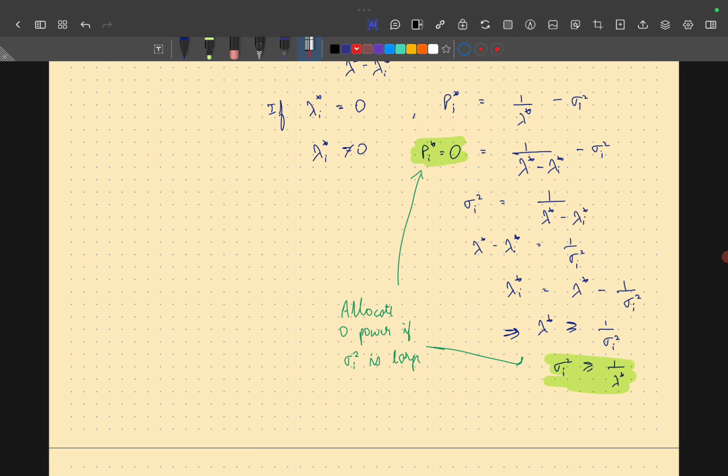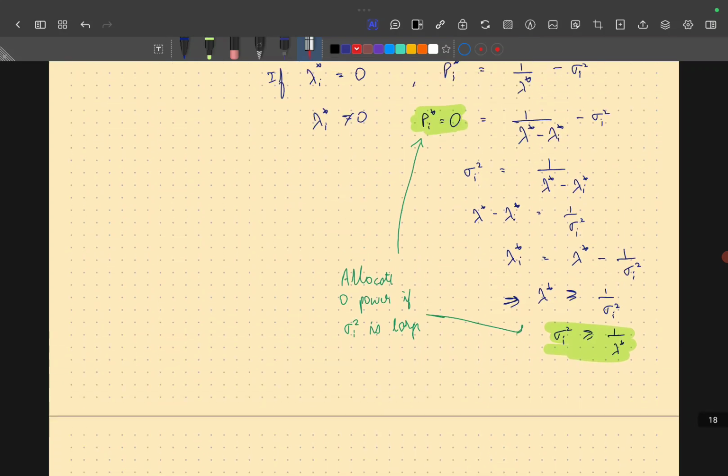Under this condition, we simplified to see that sigma i square is greater than or equal to 1 by lambda star. So if this happens, then pi star should be equal to 0. Effectively, if you have too much noise in one specific subchannel, then you don't allocate power to it, because it's too noisy and wasteful to allocate power to that subchannel.